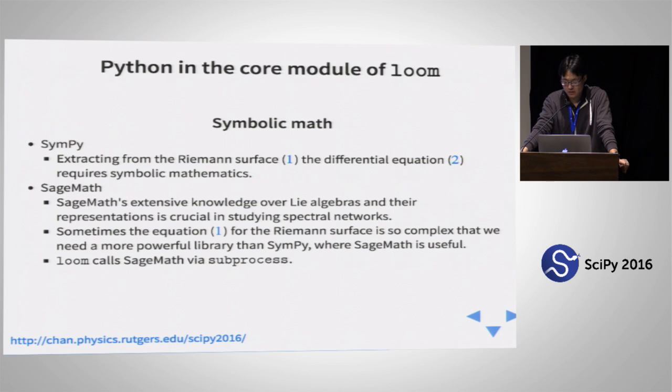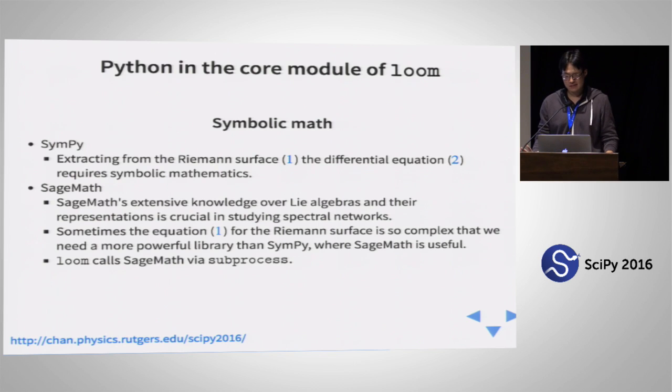Let me start with the core part of it. If you remember the description of the computational task, we start with an equation for the Riemann surface, and we need to massage that equation into a differential equation. And for that task, we definitely need SciPy.